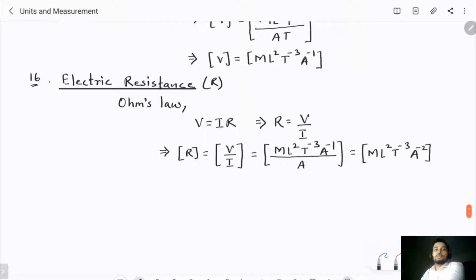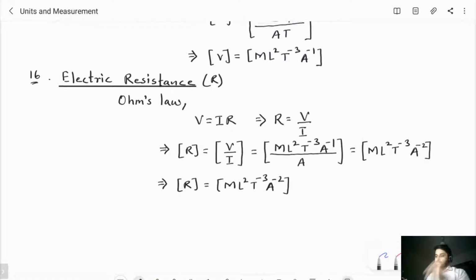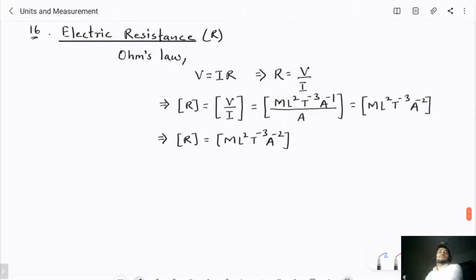So the dimensional formula for electrical resistance is M L square T to the power minus 3 A to the power minus 2. Okay. So there are many physical quantities that we should know about.